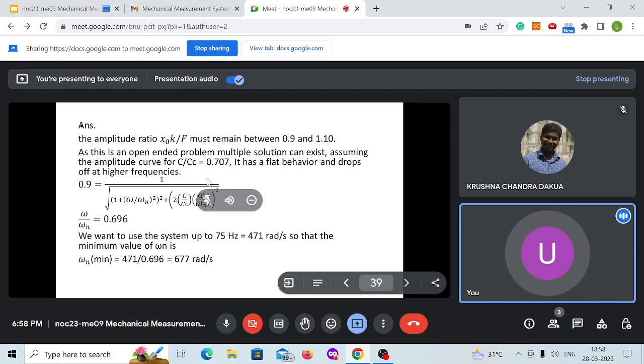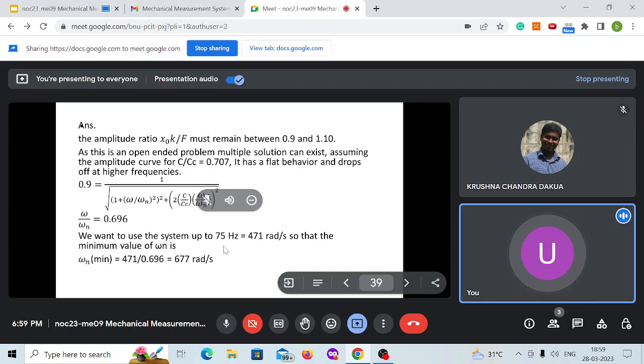Here we didn't know omega n and c by cc, which is the damping ratio. Now we have assumed the damping ratio is 0.707. We substitute that, and then we find omega n. For 0.9, which is the amplitude ratio, we find the omega by omega n ratio, which will give you 0.696.